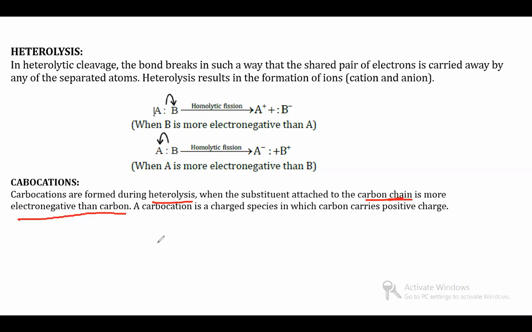If the attacking reagent is more electronegative than carbon, then what happens?